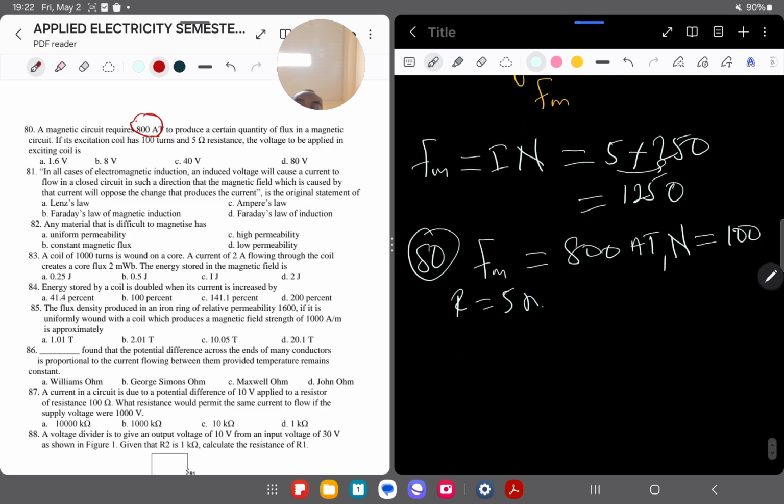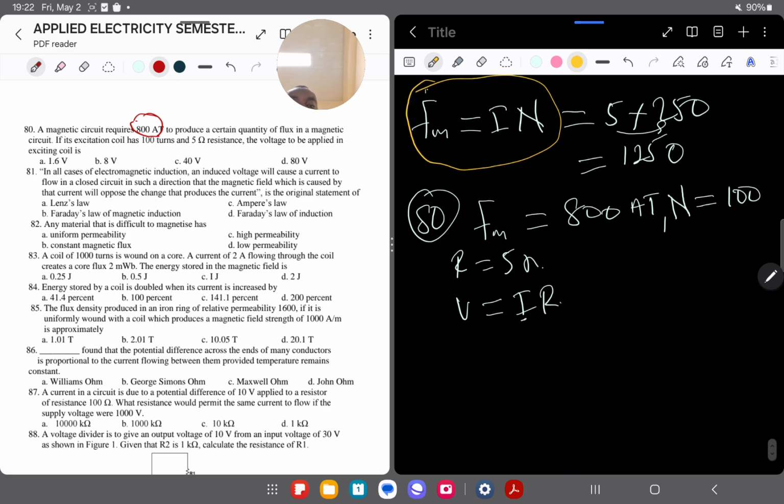If I have resistance and we are interested in voltage, we know voltage is current times resistance. So how do I find the current? You can find current by using the same formula that we wrote earlier, then we make current the subject. So current will be equal to what?